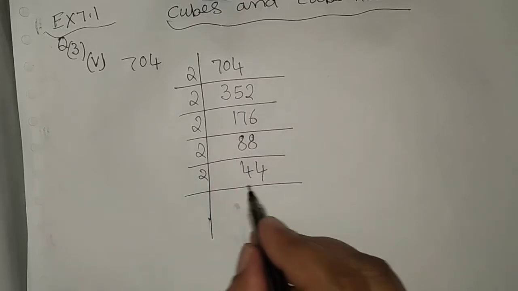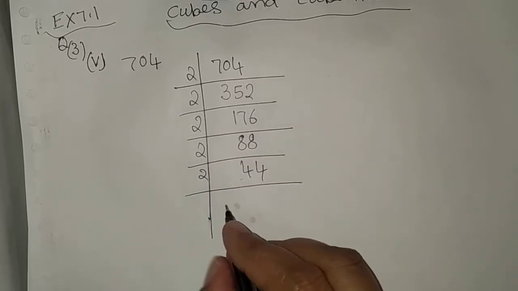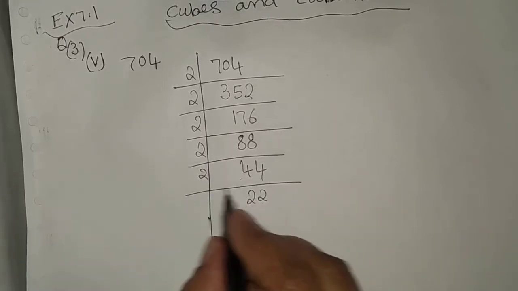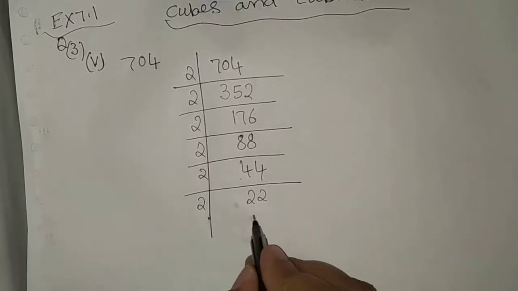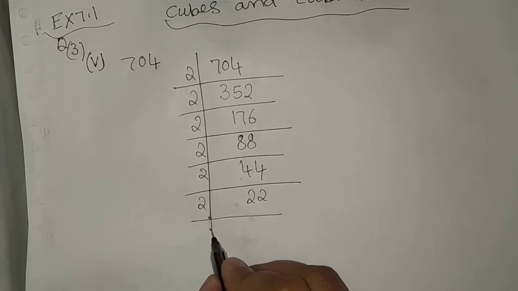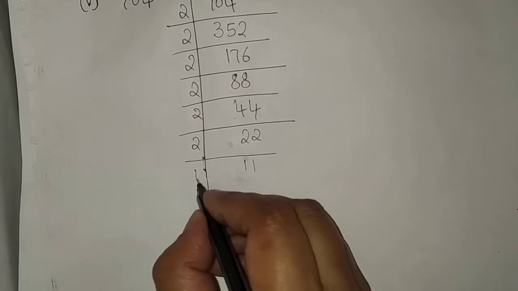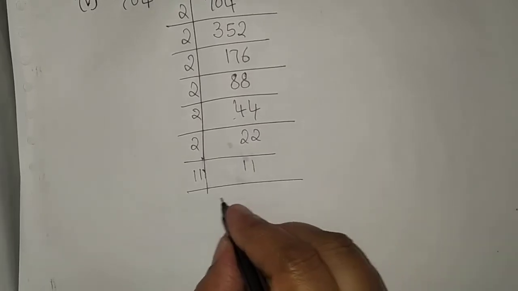Here 2 methods also I have taught, so I will be fast. So 2 into 22, 2, 11, again 11, now 11, 1.